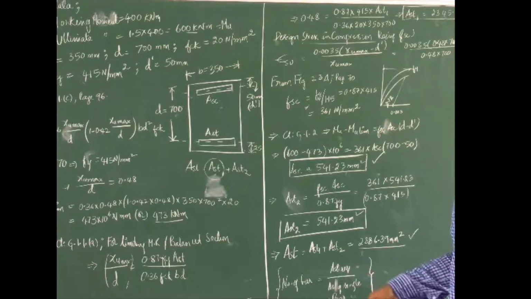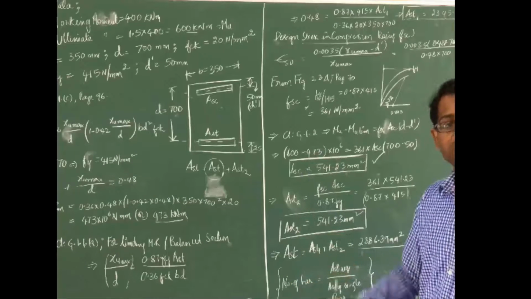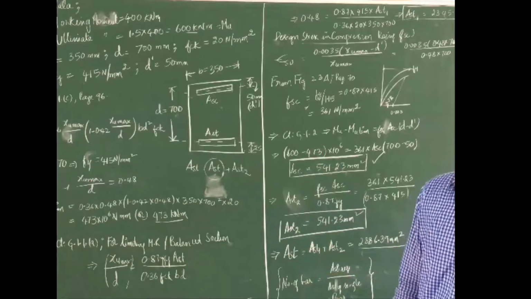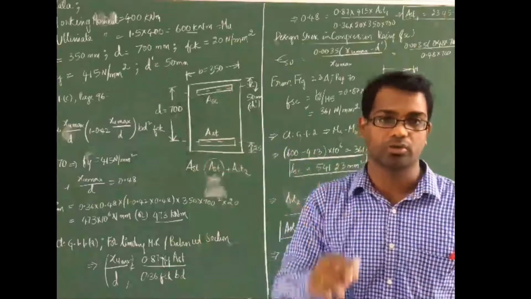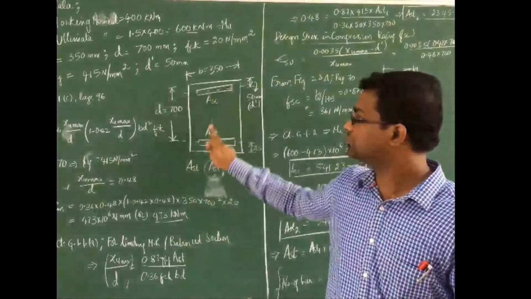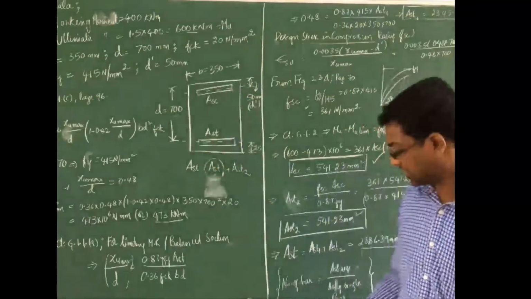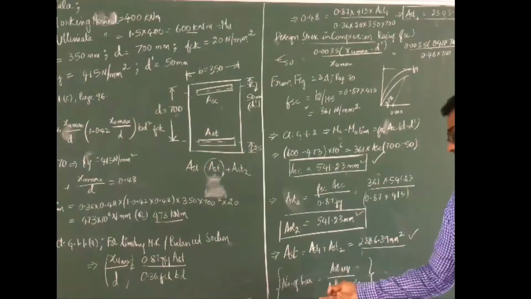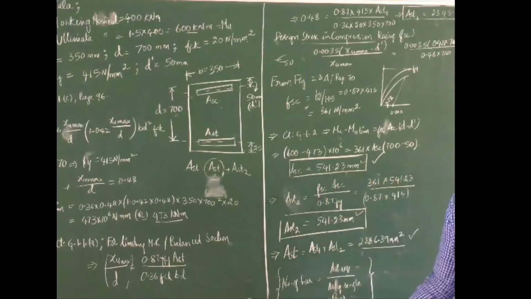If you think the number of bars is more, then you can increase the diameter of the bar to reduce the number of bars. The minimum number of bars which need to be provided at top is 2, and 2 at bottom. Calculate from your side the number of bars required at tension and compression by assuming some diameter.